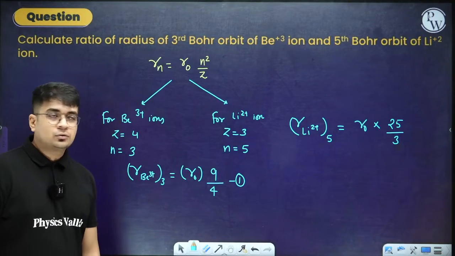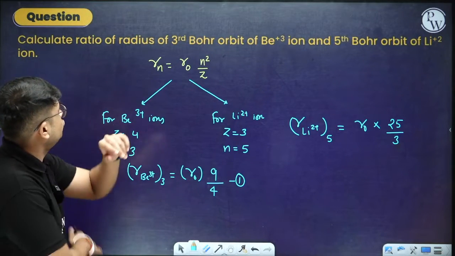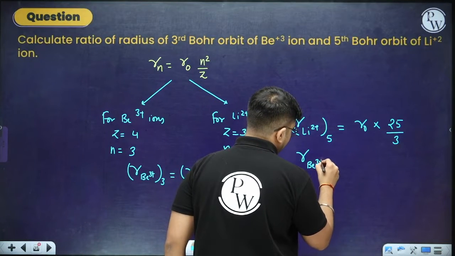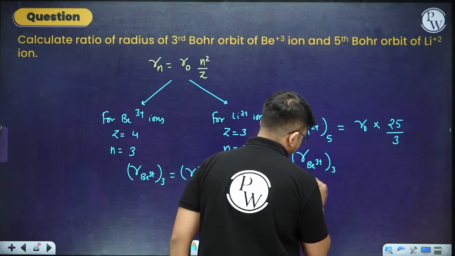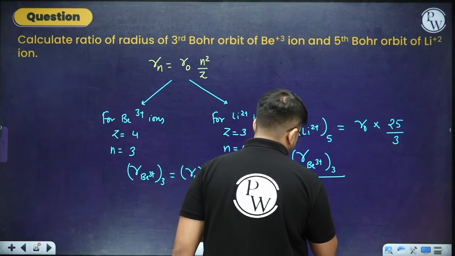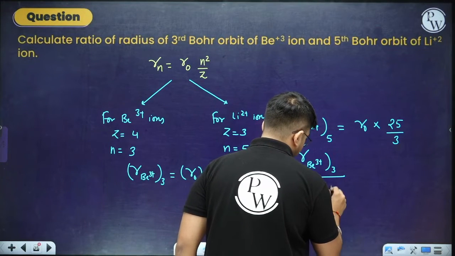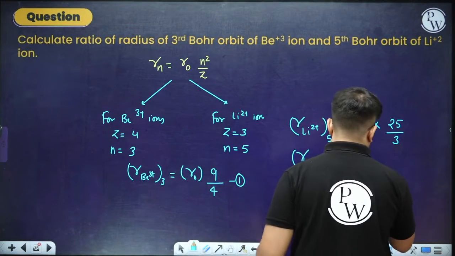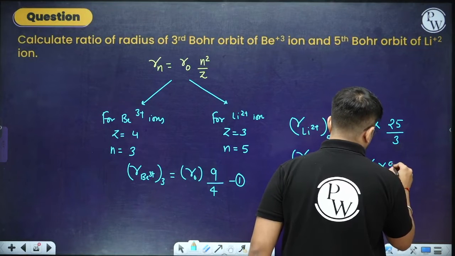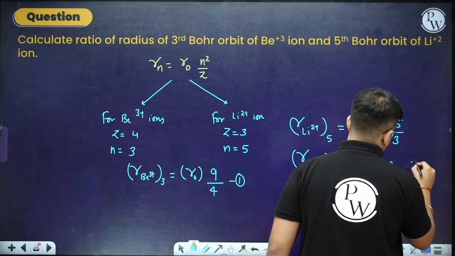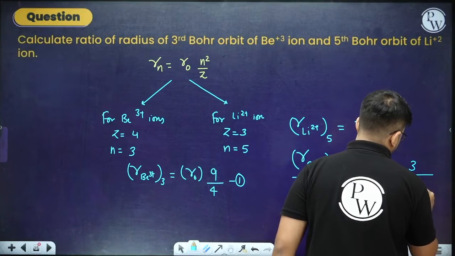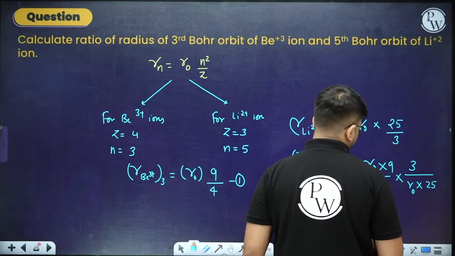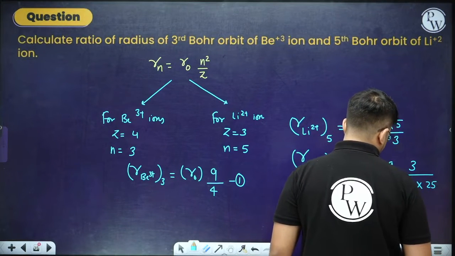So we have to calculate the ratio. The ratio of the radius of beryllium 3 positive's third orbit and the radius of lithium 2 positive's fifth orbit will be equal to R naught multiplied by 9 by 4, divided by R naught multiplied by 25 by 3.